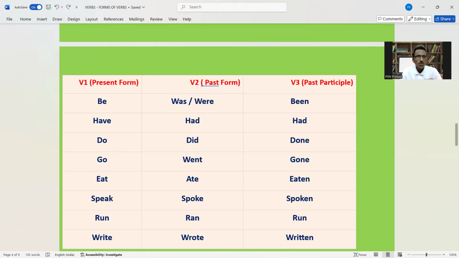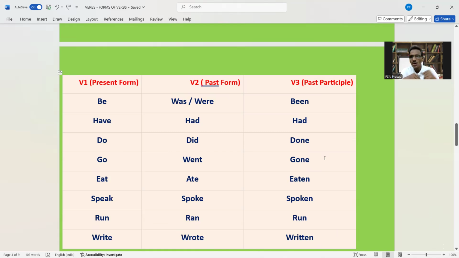See, for example, I go to office every day. Okay. I go to office every day, and went. Yesterday I went to market, right? Or last week I went to a big shopping mall. And go, went, gone. So here is the gone.